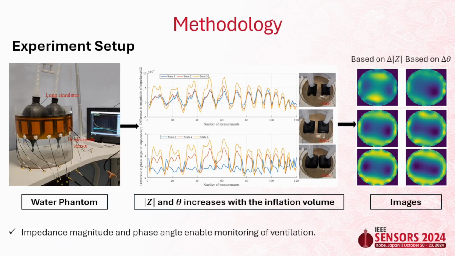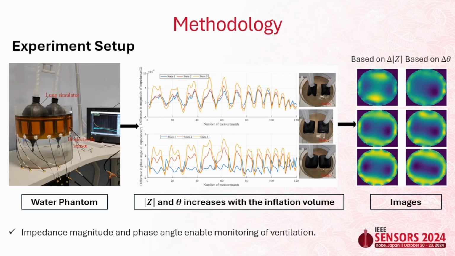So what we did here is start from the water phantom test. As you can see here is a water phantom, and the measurement is done by an impedance analyzer. This is an inflatable ball, made of rubber, and we inject air into it. In this water phantom, all the electrodes are on the outside of the phantom, so it's more like a big pipe, and we collect the data.